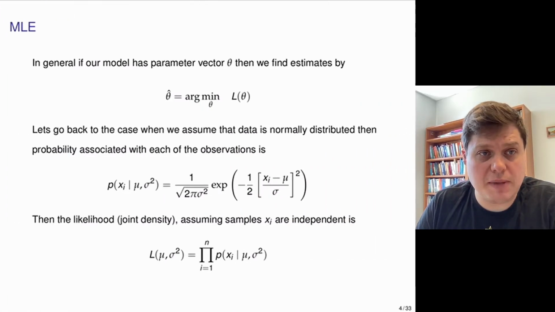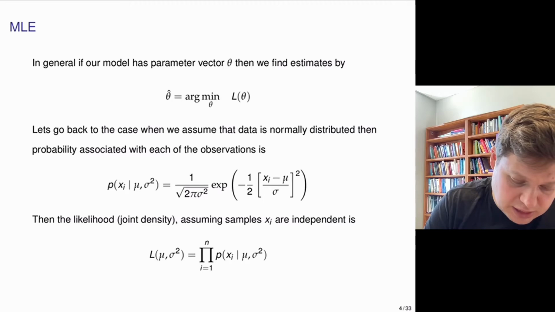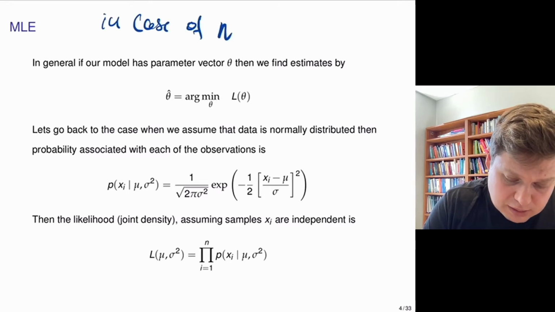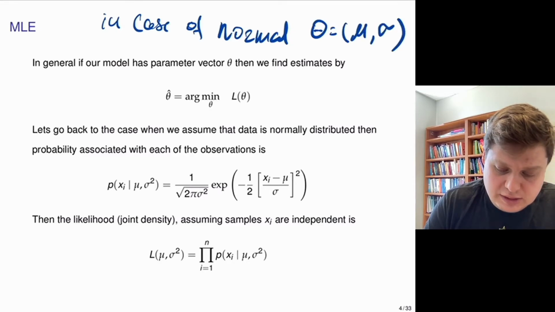And in maximum likelihood, in general, our model has a parameter vector theta. In the case of a normal model, the parameter vector theta is just going to have two elements in it, mu and sigma.